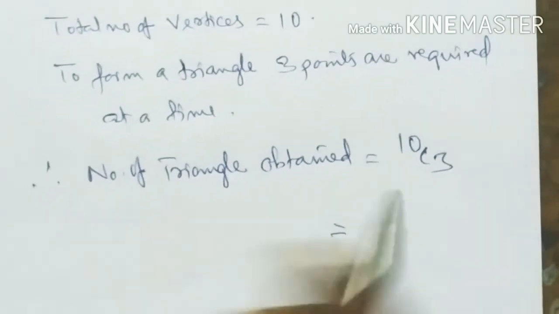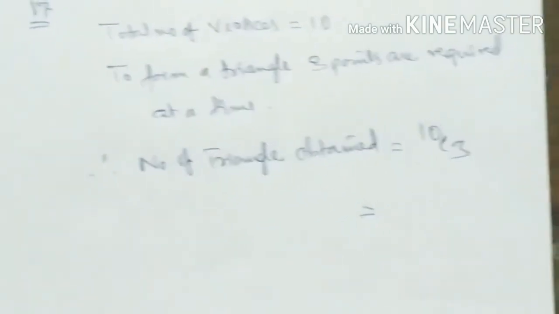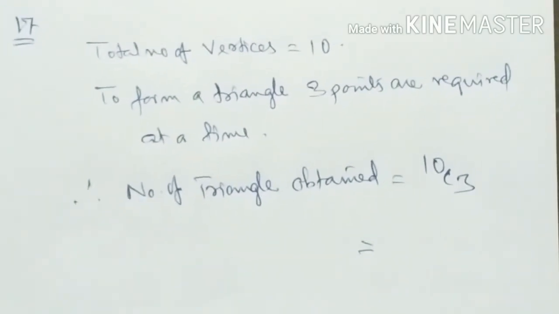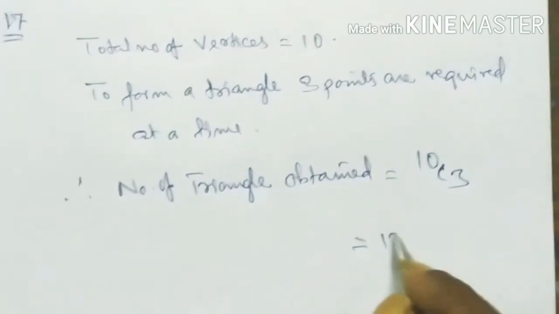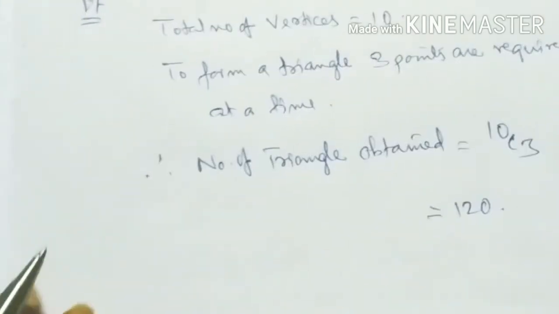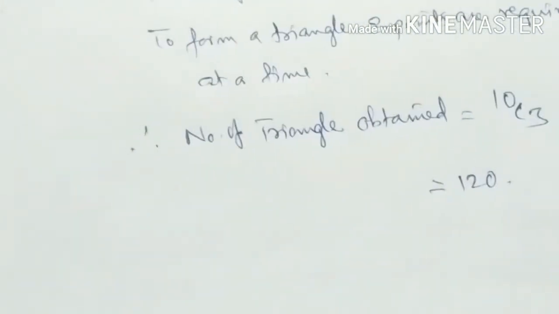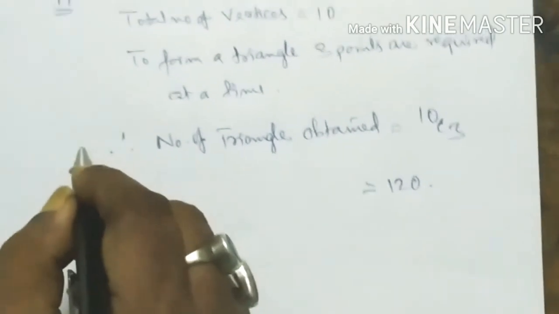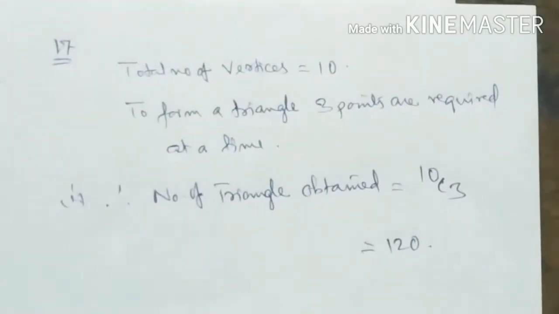I am taking the help of a calculator to solve these combinations. It is 120. So my answer to the first part of question 17 is 120, the number of triangles.